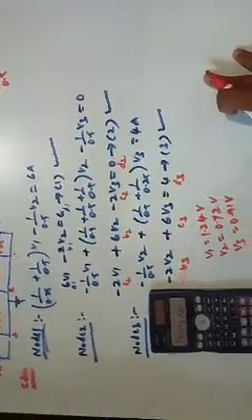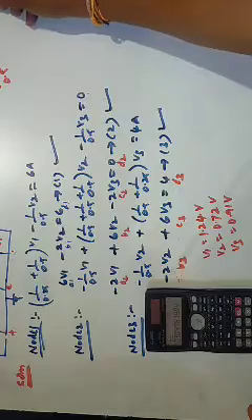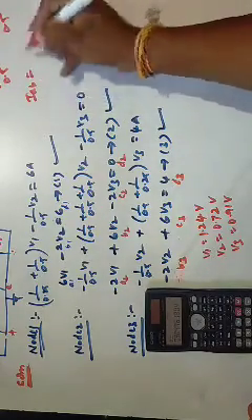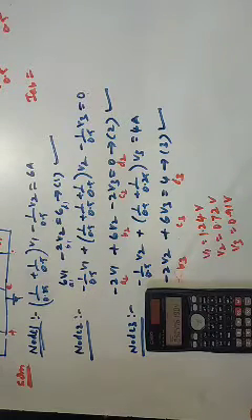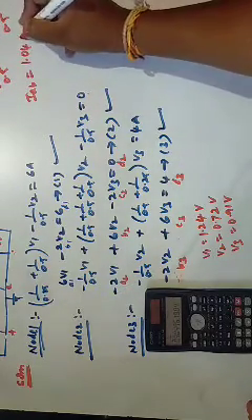What is the value of V1? We have just now found it, 1.24 minus 0.72 divided by 0.5. That is the value of IAB, and the answer for IAB is 1.04 ampere.